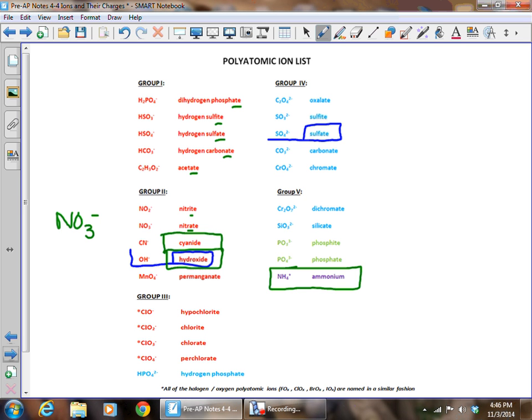But if you know nitrate, nitrite is identical in formula and charge. It simply has 1 less oxygen than its ate form. And that's going to happen multiple times in these. Look at phosphate and phosphite, sulfate and sulfite. It happens with nitrate, nitrite, etc. So watch for those.